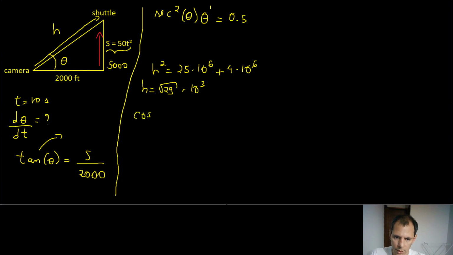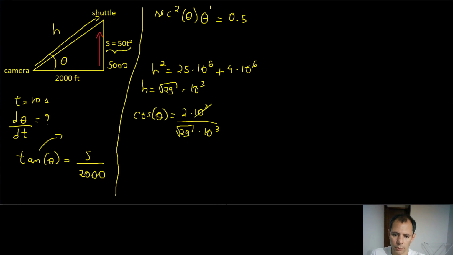The cosine of the angle when t equals 10, which is what we want, is going to be 2 times 10 to the third divided by the square root of 29 times 10 to the third.